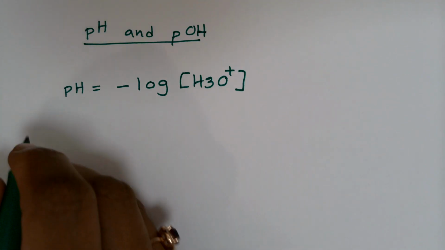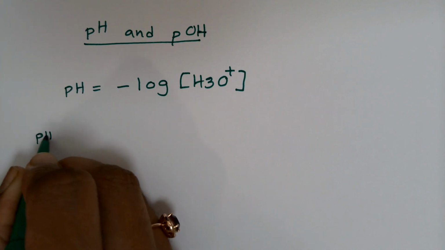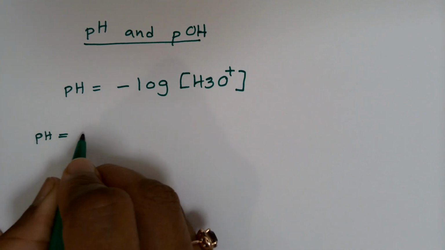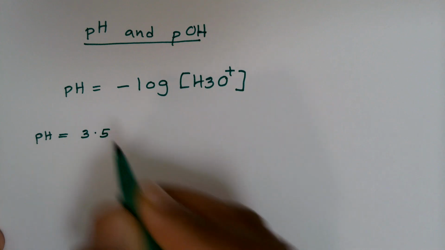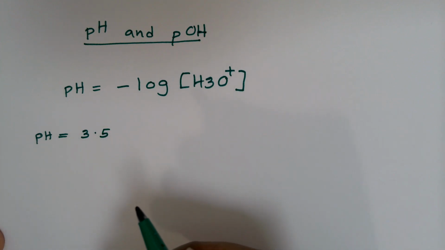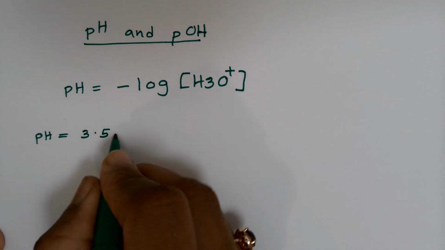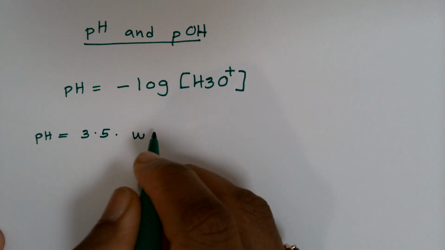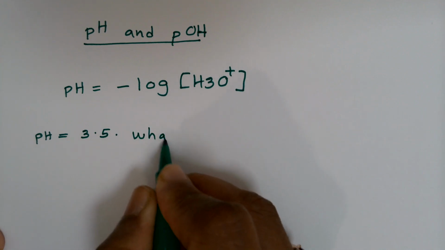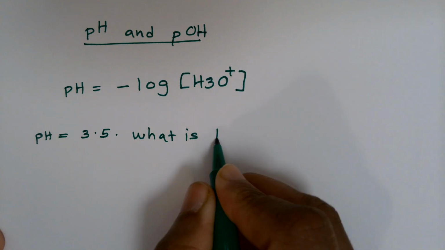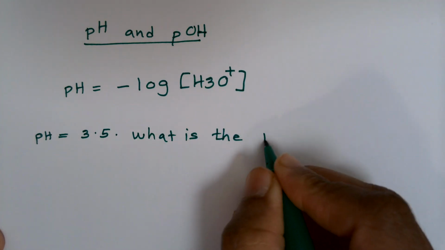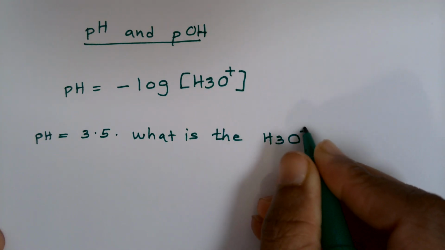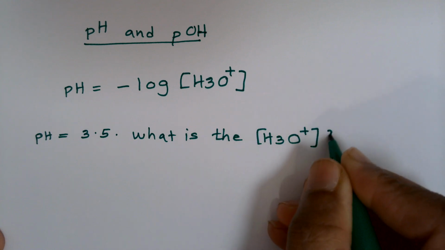Now let's take an example. In an acidic solution, the pH is equal to 3.5. Then what is the H3O+ concentration?